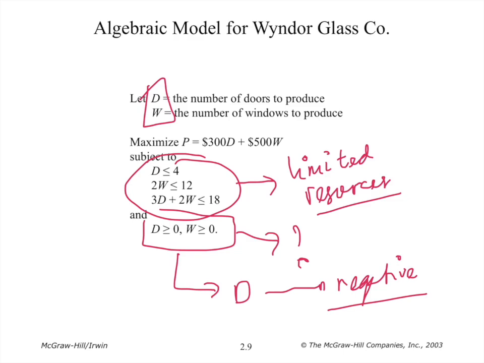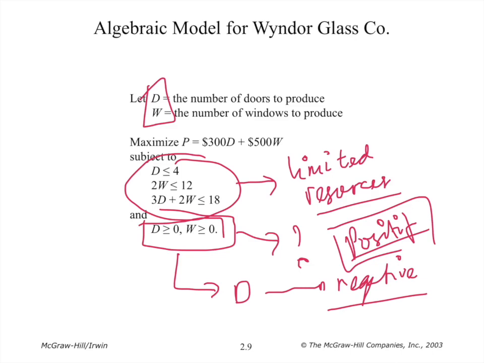There is no negative, because that is real. The door is the real stuff, so it must be positive. We cannot produce negative windows; we have to produce positive.